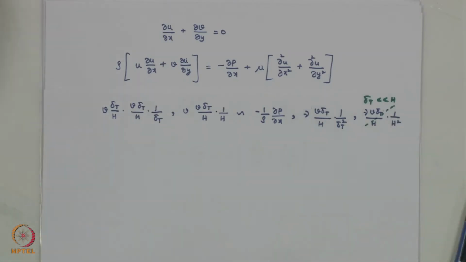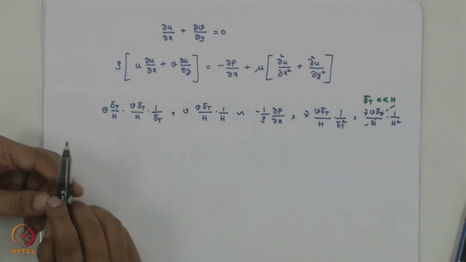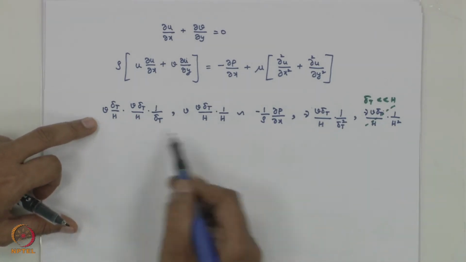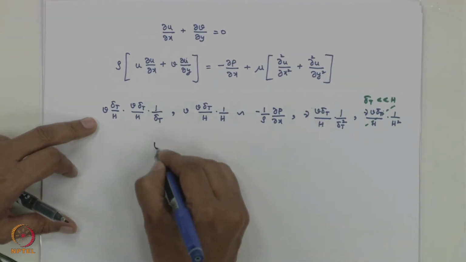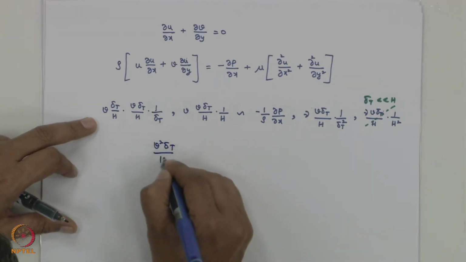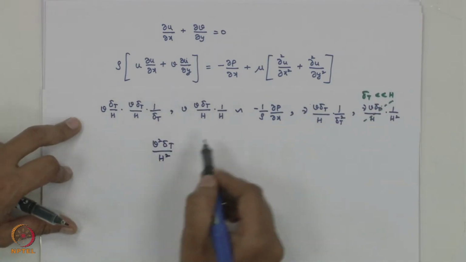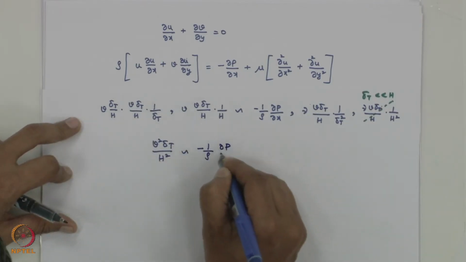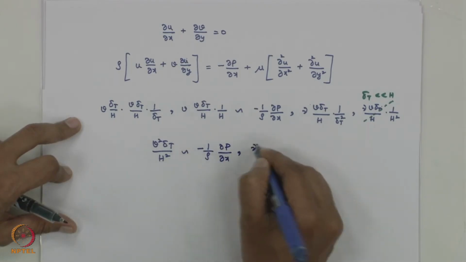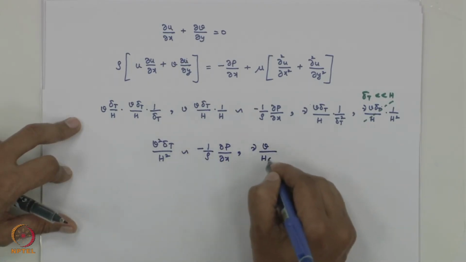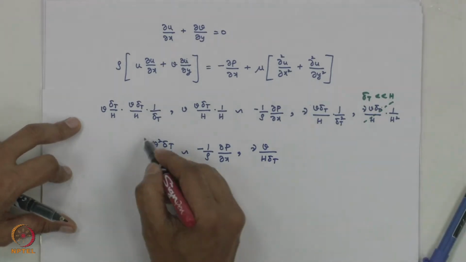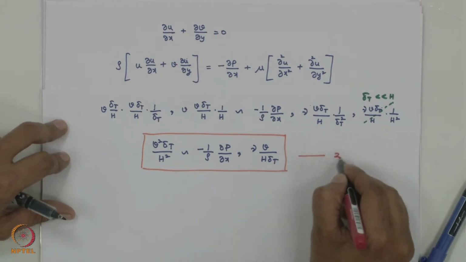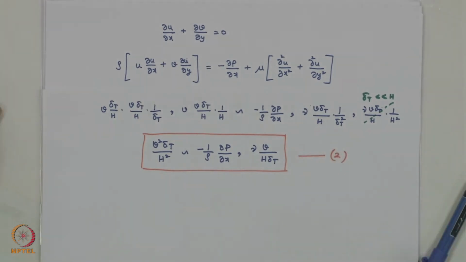Similarly, on the left hand side this is v squared delta t by h squared, so it is the same. So you are going to get v squared delta t by h squared as the scale on the left hand side, of the order of minus 1 by rho del p by del x, comma, nu v by h delta t. So this is my second equation coming from the x momentum equation.